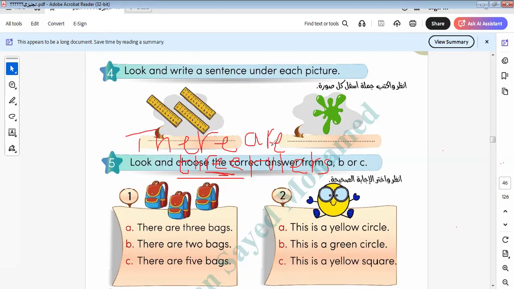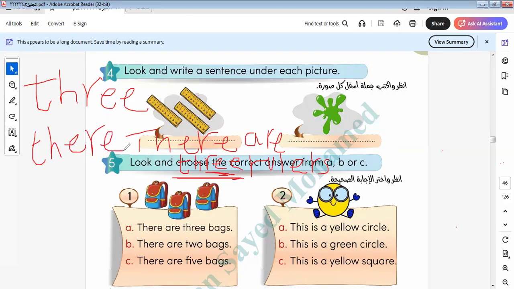So here we'll say there are 3, written like this, three written like this, and there written like this. This is the difference between there and three.